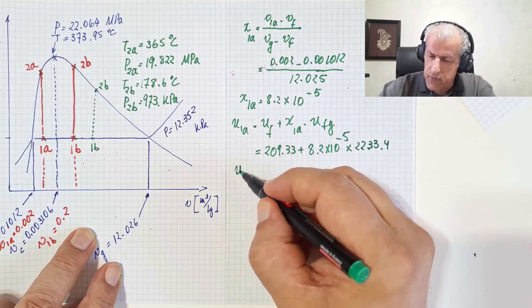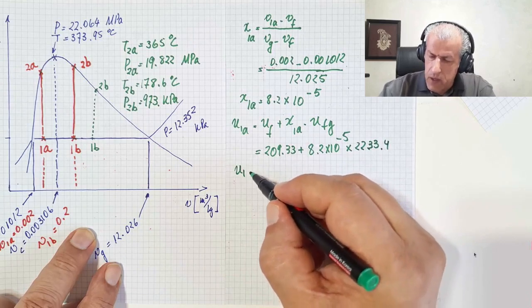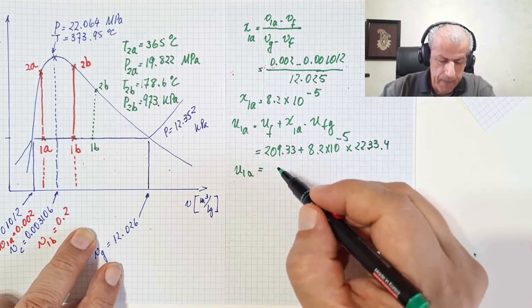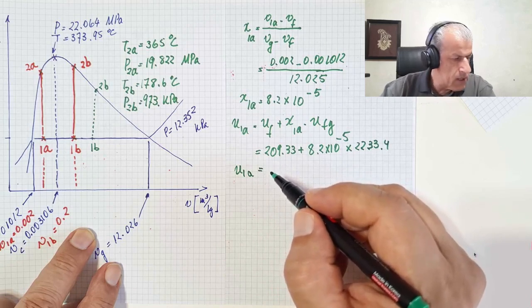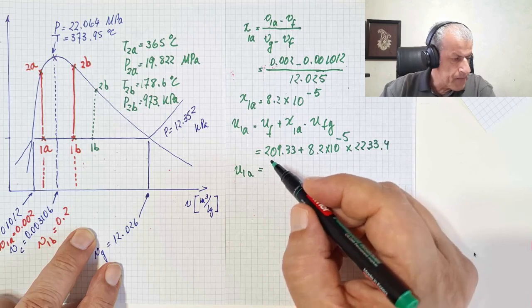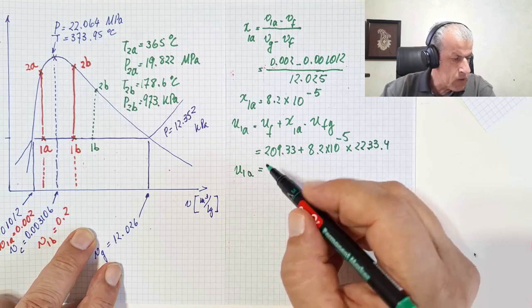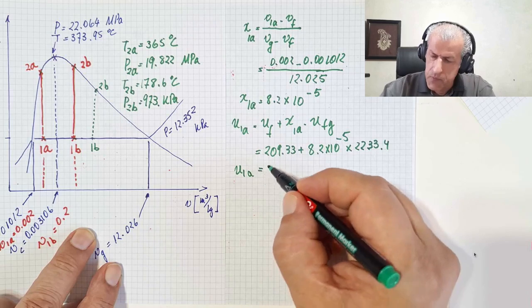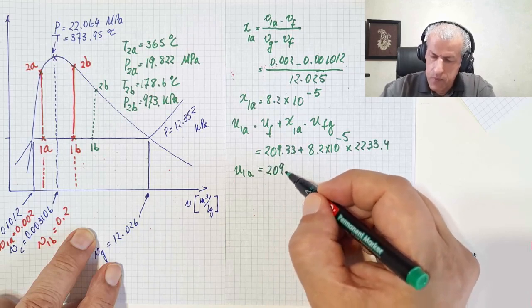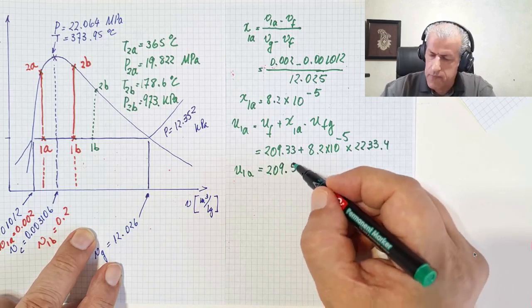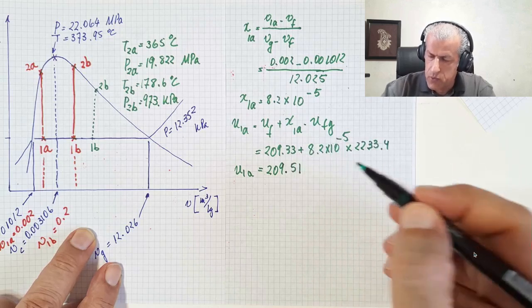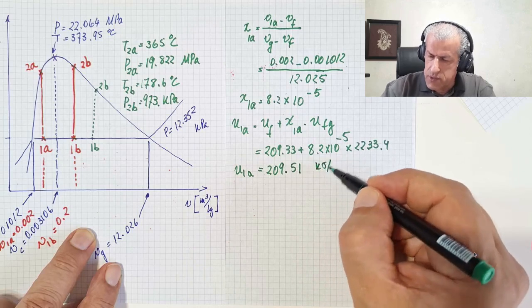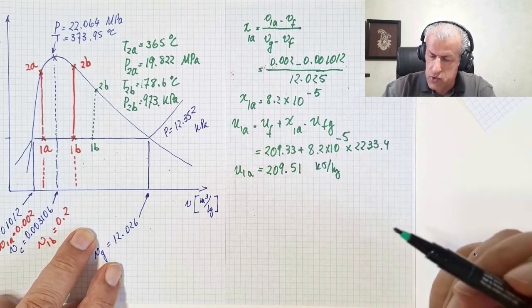The outcome for U1A would be 209.51 kilojoules per kilogram, very close to Uf.